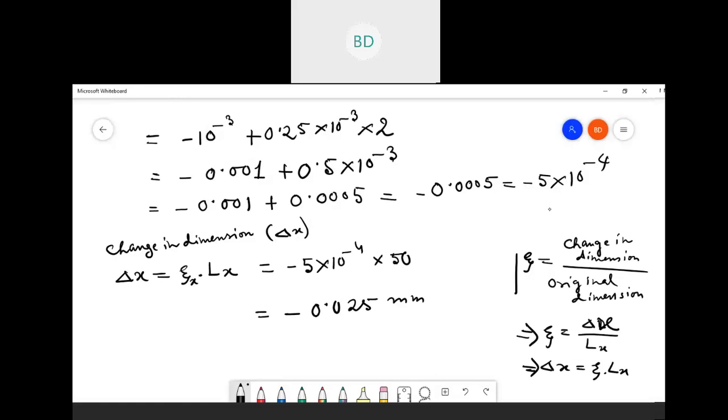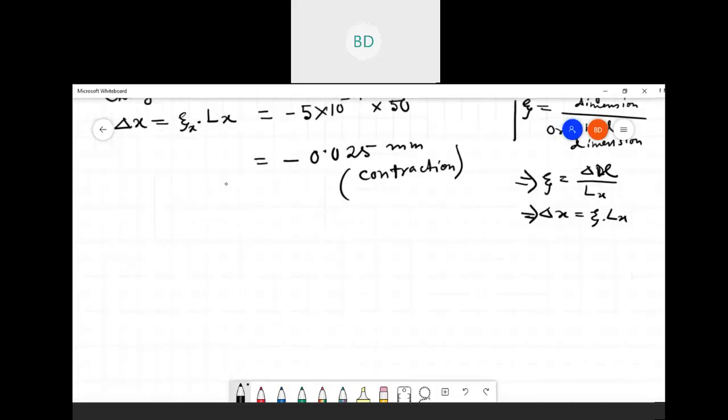Negative means contraction and positive means extension. Similarly you can calculate the others, that is not necessary since it is uniform. Similarly, delta x is equal to delta y is equal to delta z.